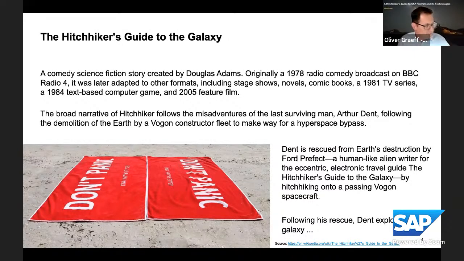I'm also the proud owner, not sure if you can see this, of the original book, because this radio series was also turned into a book. This book should resemble a bit the Hitchhiker's Guide. And at the back of the book, it says, "Don't panic." So if Arthur starts panicking because he's in some weird situation with aliens, he's always reminded to not panic.